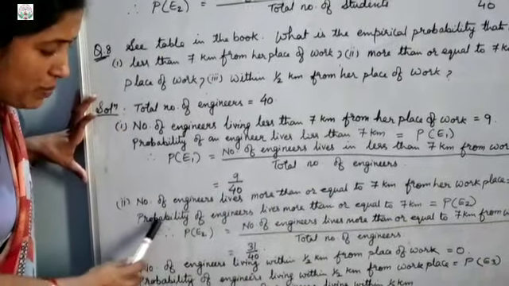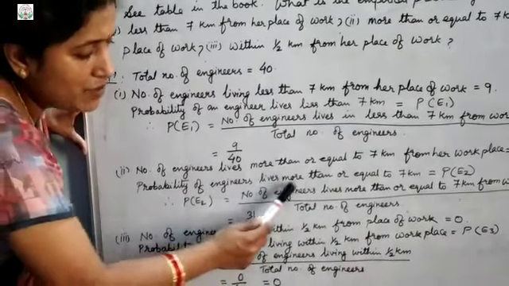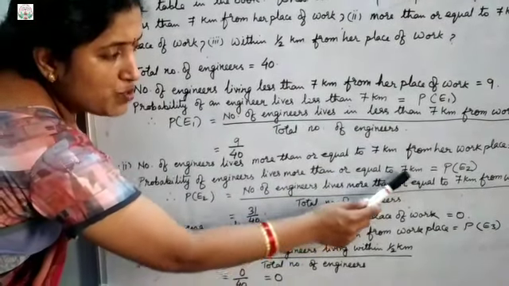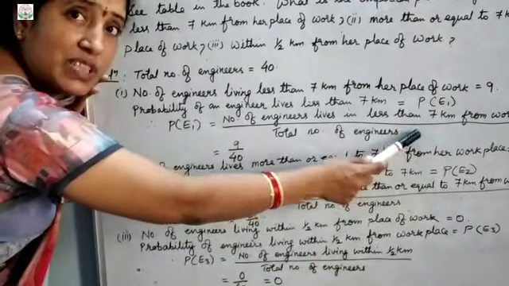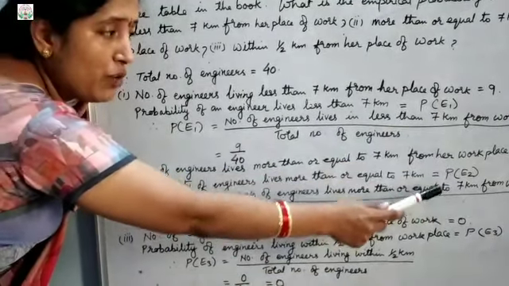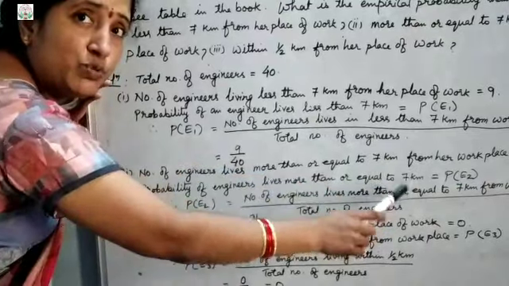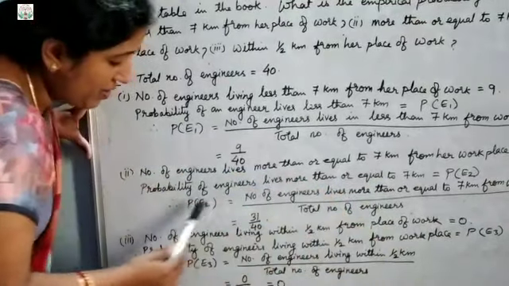Now the probability of engineers living more than or equal to 7 kilometers equals P of E2. E1 was less than 7 kilometers. Now E2 is equal to and more than 7 kilometers.